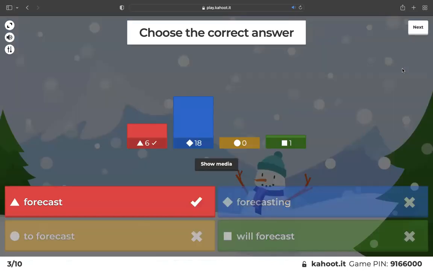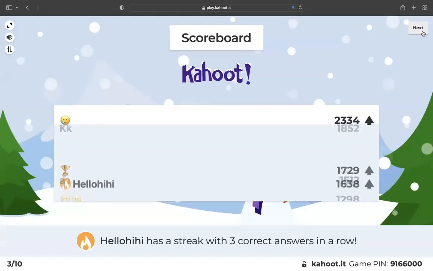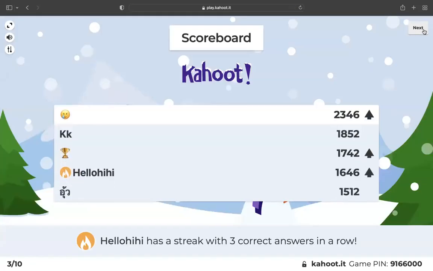The correct answer is the red one. Because the meaning of time here is a long-term situation, the sentence has to be in present simple. So we have to choose the red one. Okay, next question, please. Oh, the scoreboard is changing again. Great job, guys.